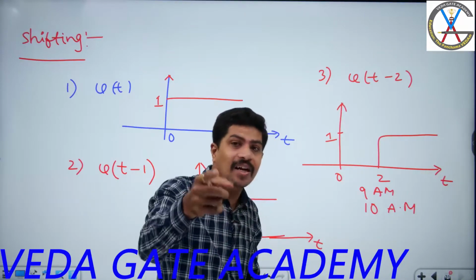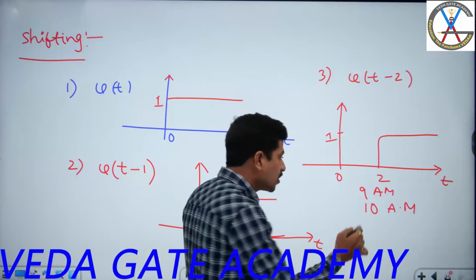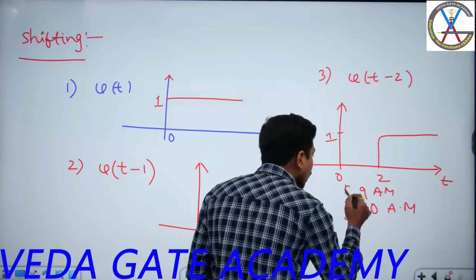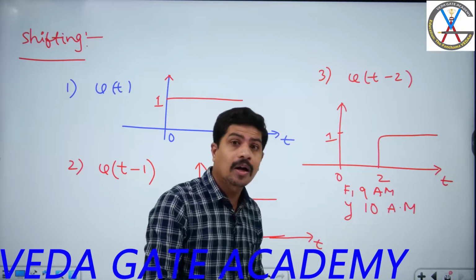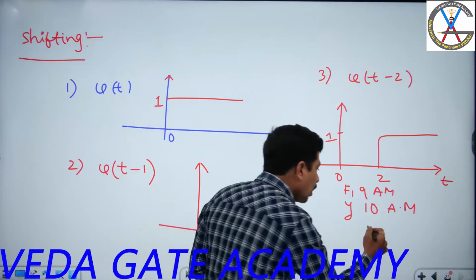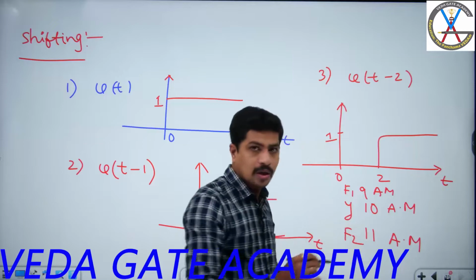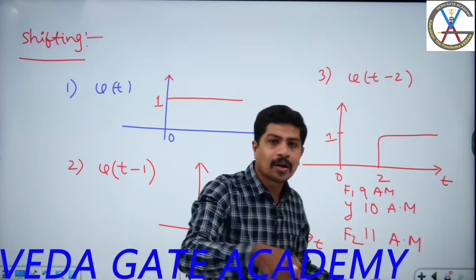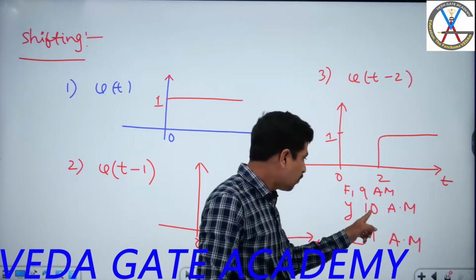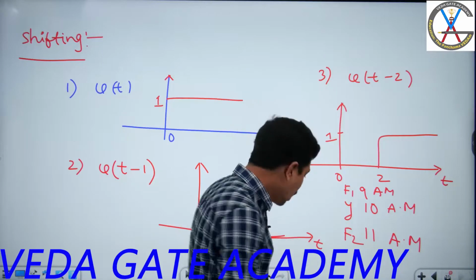So he is advanced. This is you. One of your friends started at 11 a.m. Your friend F2 is delayed compared to you by 1 hour. He is advanced compared to you by 1 hour.